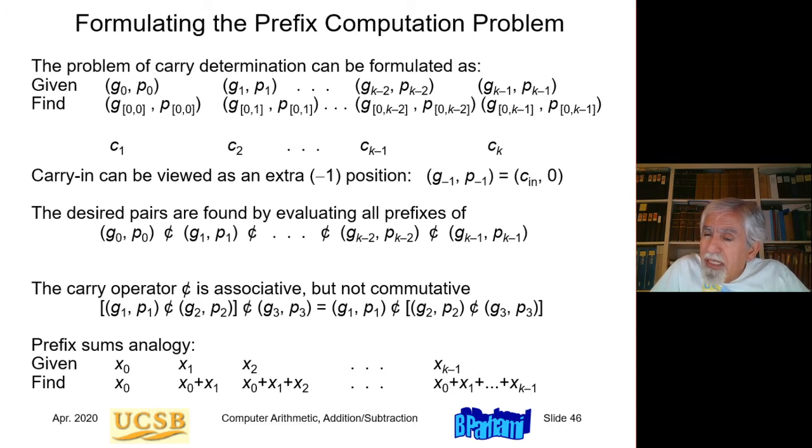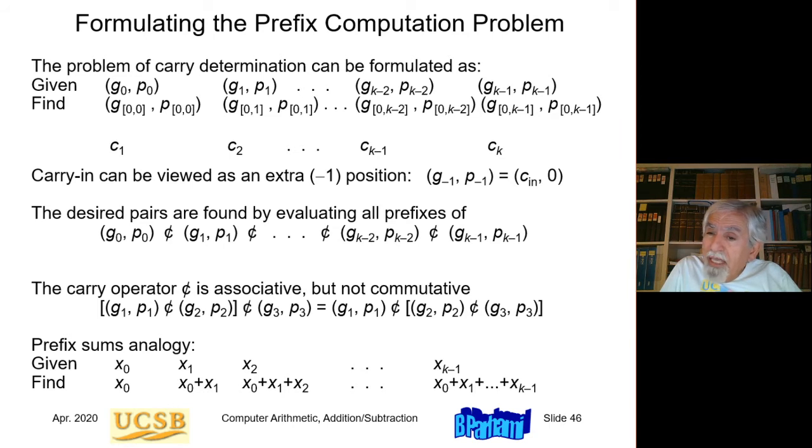So C2 is the same as G01. CK-1 is G0K-2, and CK is G0K-1. So basically, given those G and P signals for individual bits, if I compute the G and P signals for successively wider blocks, 1 bit, then 2-bit blocks, then 3 bits, all the way to K bits, then I have all the carries that I need.